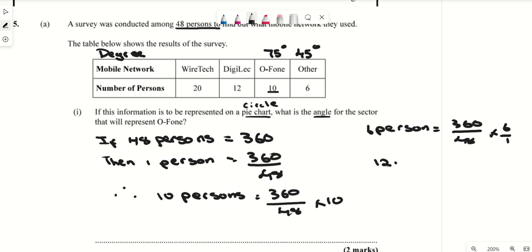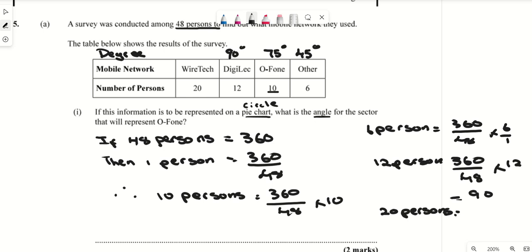Digilec is 12. 12 persons would be 360 divided by 48 multiplied by 12. This is equals to 90. So Digilec is 90 degrees, right? And Wiretech would be 20 persons. 20 persons is equals to 360 divided by 48 multiplied by 20 over 1, which is equal to 150.